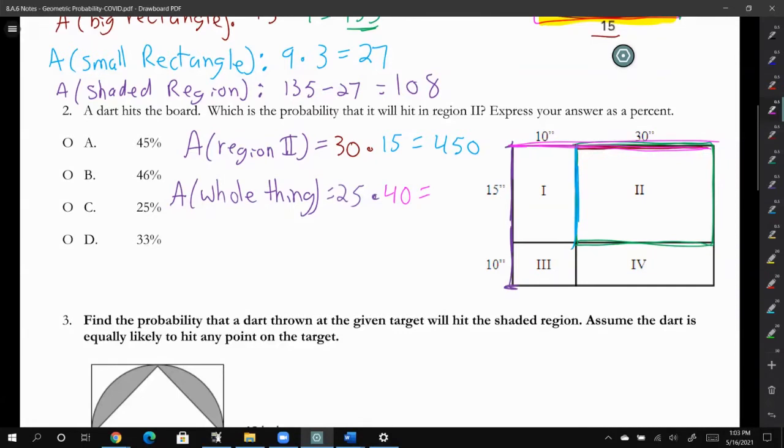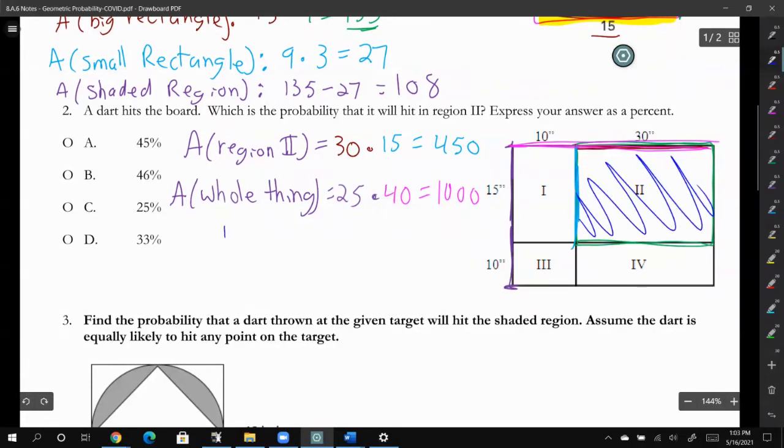So 25 times 40 will be 1,000. So the probability that I'll hit my region number 2, which is right here, is going to be 450 divided by 1,000, which equals 0.45. Well, 0.45 as a percentage is 45%. So the answer would be A.